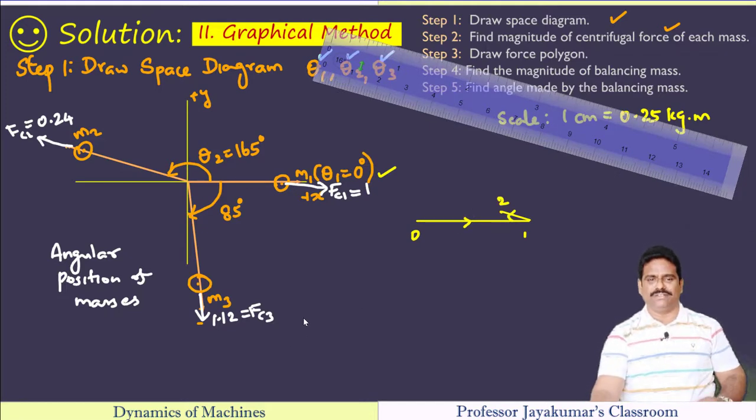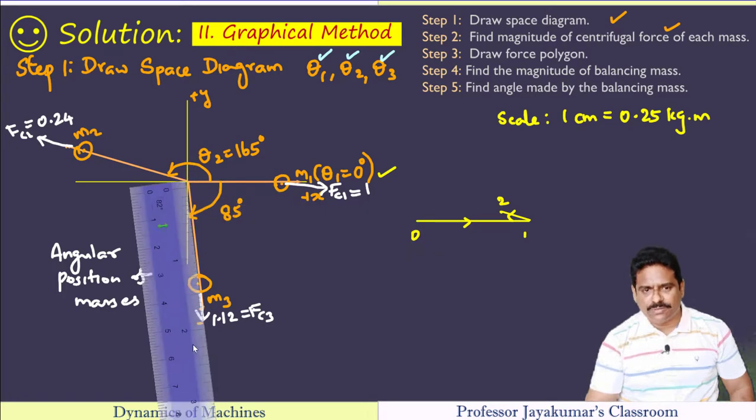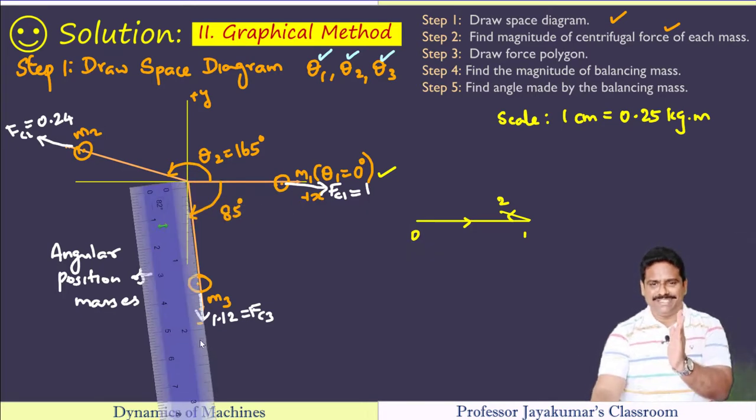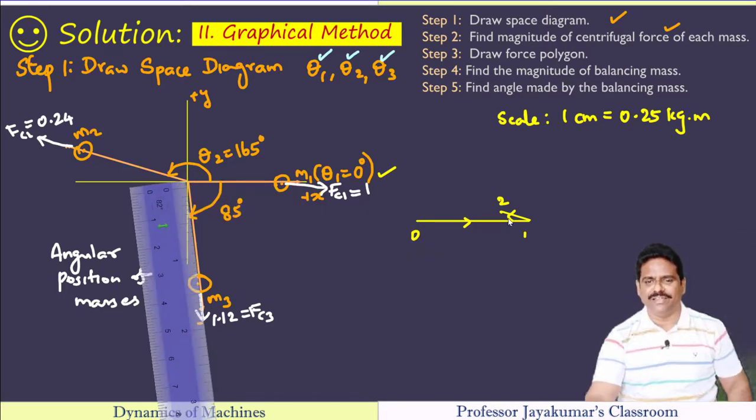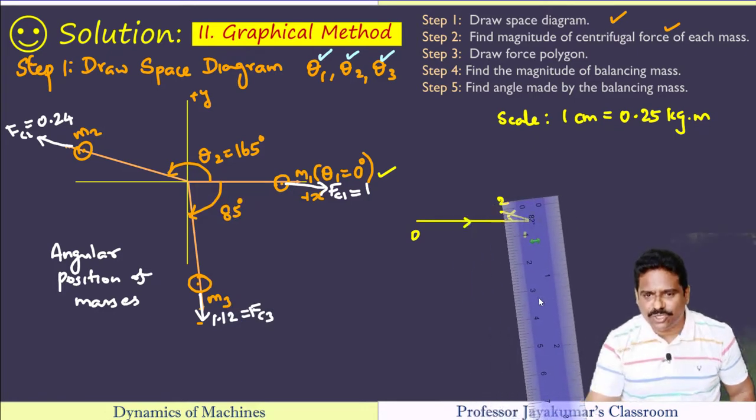So what is the third one? Third one, I am going to draw parallel to this, right? So from this line, I am going to parallel. From where? Vector addition. So we will start from the tail of the previous vector. So from here, I will be starting.